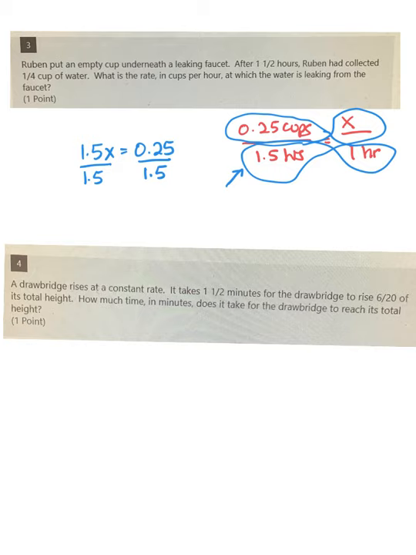We're still dividing. So either way, you have to take 0.25, which is your quarter cup, and divide it by an hour and a half, and you get 0.166666666 repeating. So we would round that to 0.17 cups per hour.